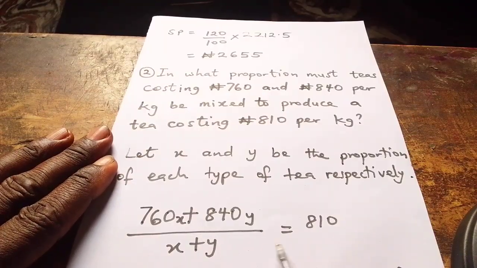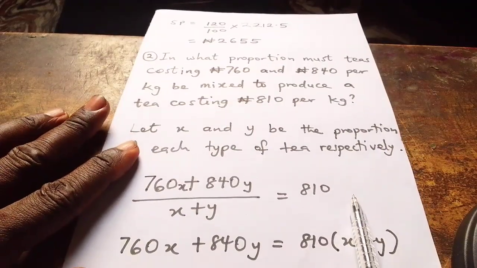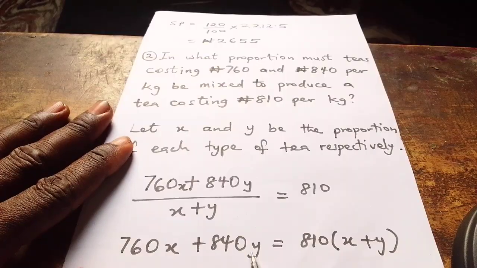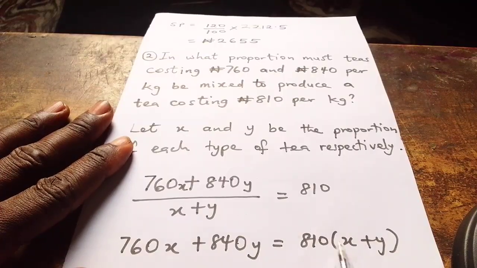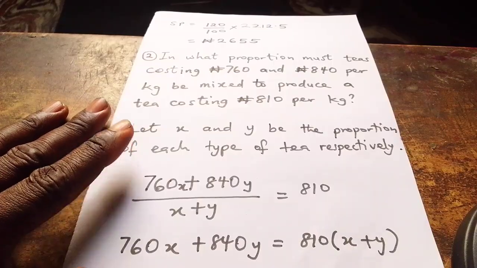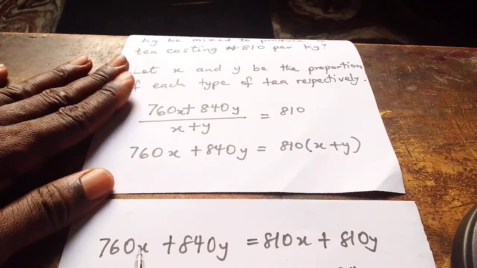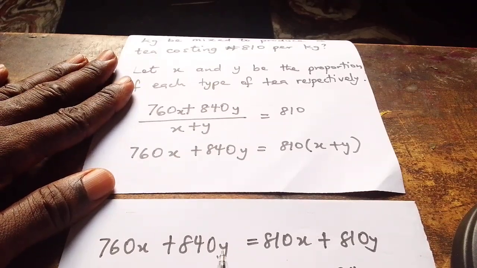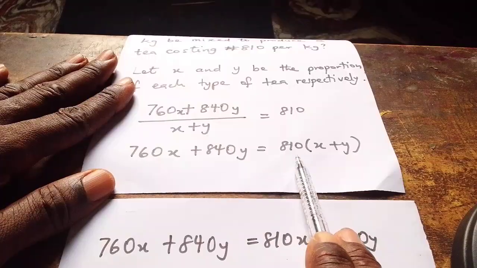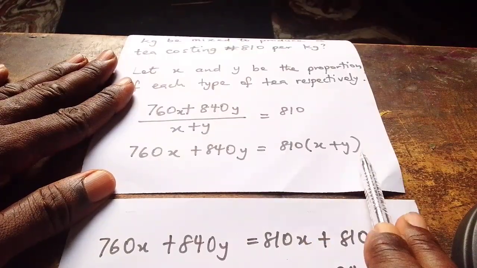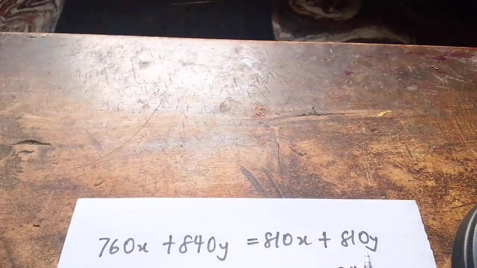So from here you are going to cross multiply. Bring this X plus Y to this side. So that means you'll be having 760X plus 840Y is equal to 810 into bracket X plus Y. So from here you are going to open the bracket. So that means you'll be having 760X plus 840Y is equal to 810 times X is 810X, plus 810 times Y will give us 810Y.